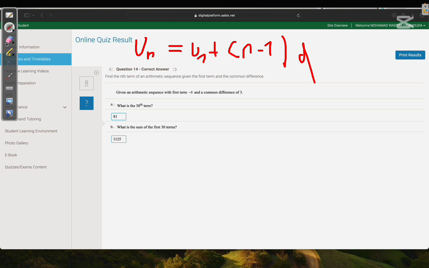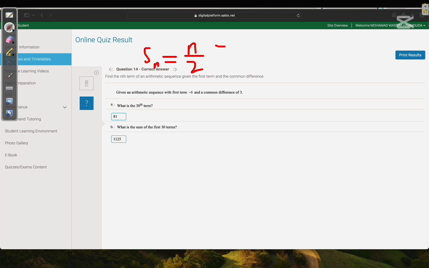Okay, and now for the sum. So Sn, again we're gonna write the rule, n/2, okay, 2a1, which is the first item of the sequence, plus n minus 1 times d.